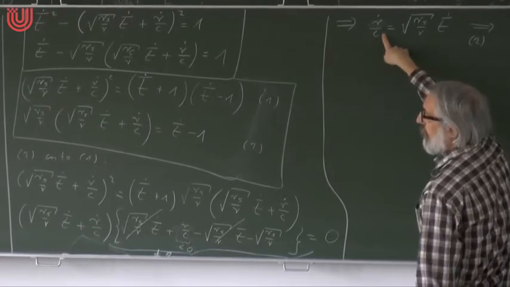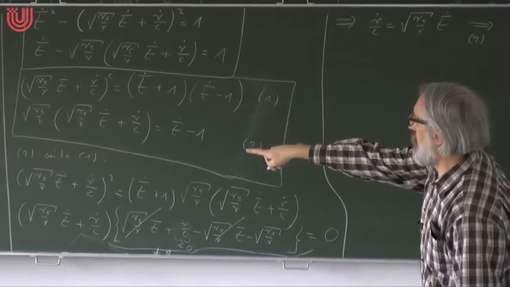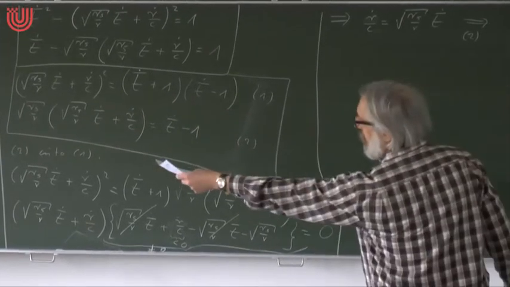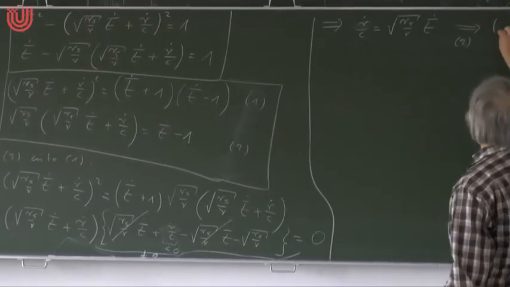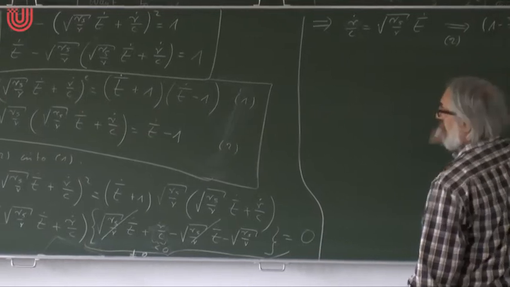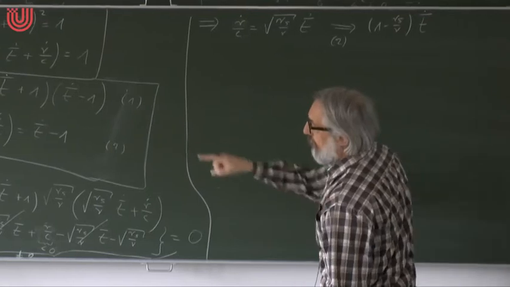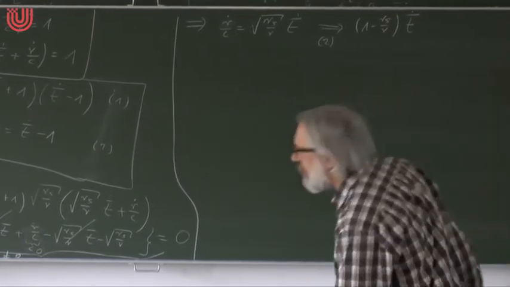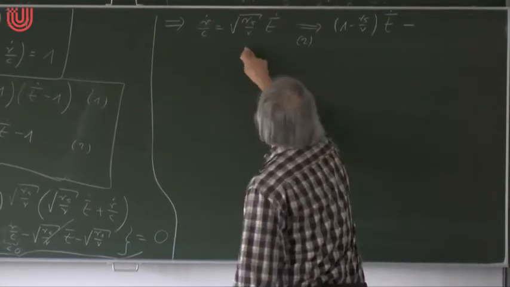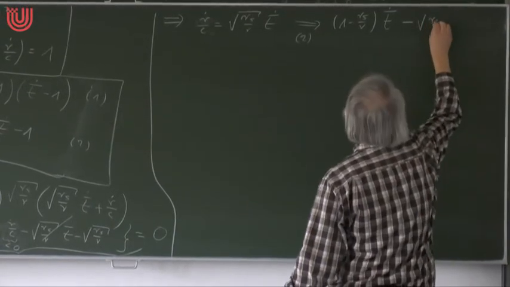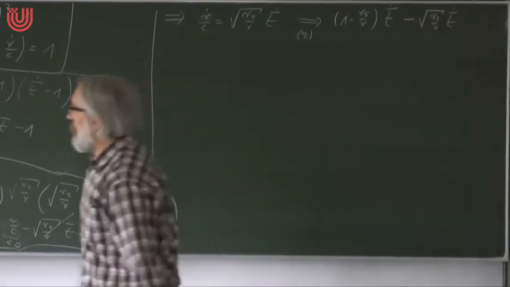Let me copy 2 and insert for r dot over c this expression. Then I have 1 minus rs over r t bar dot. And now comes minus r dot over c. Is that a minus sign? Yes. Minus r dot over c, and this is this here. Minus rs over r t bar dot. And this is 1.